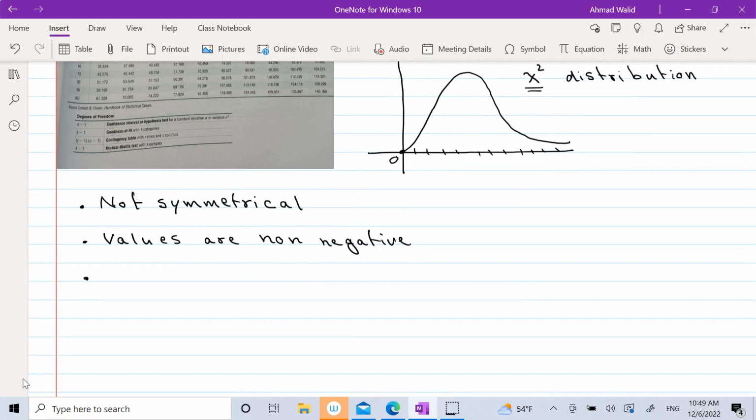Correct? Number 3, important point. As degrees of freedom, which I will just write here as df, goes up, the distribution becomes more symmetrical.